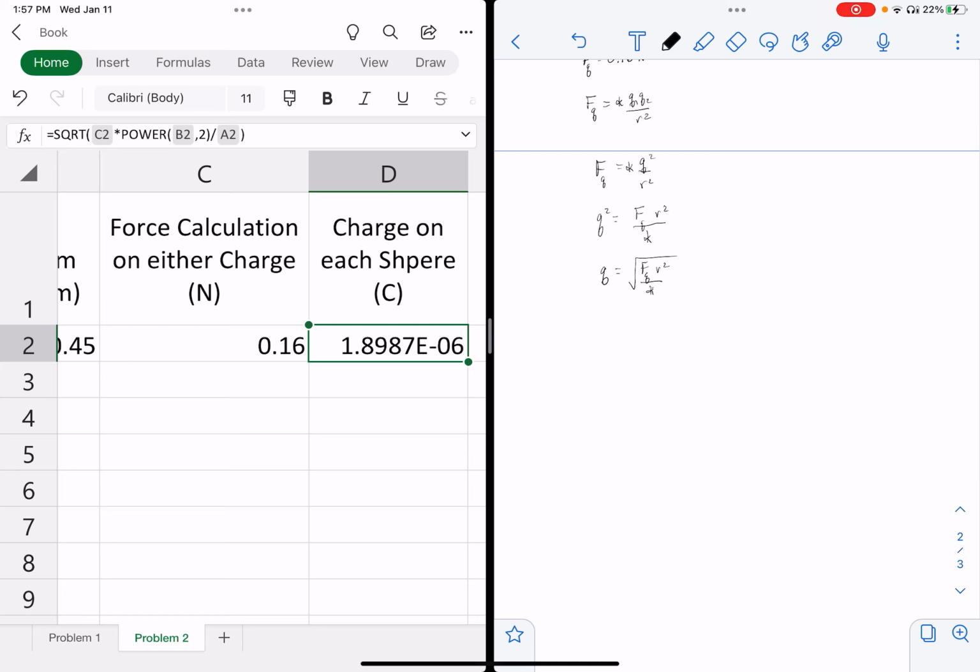All right, so that didn't work. Looks like we actually have to use scientific notation. Let me use the multiplication sign, 10 negative 6.